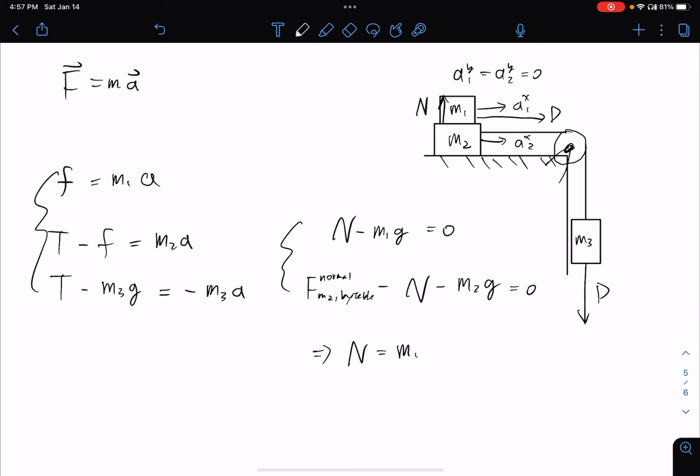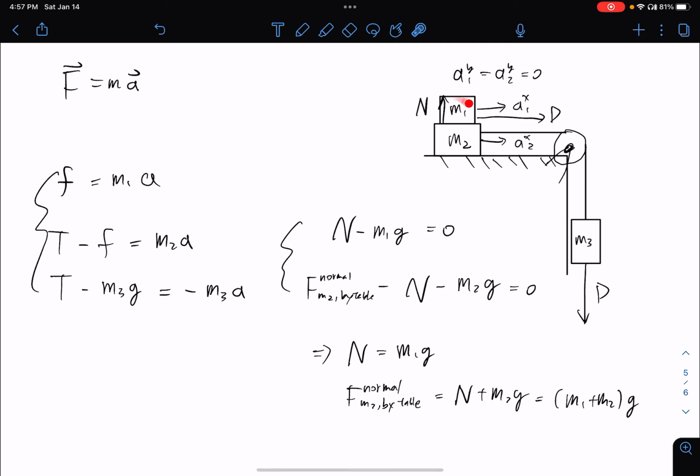The normal force between the blocks will just be the weight of m1, while the normal force provided by the table should equal N plus m2g, which is the total weight of the stack of blocks, which makes sense since the table needs to give a force that can support both of the blocks. Now we can solve for acceleration.